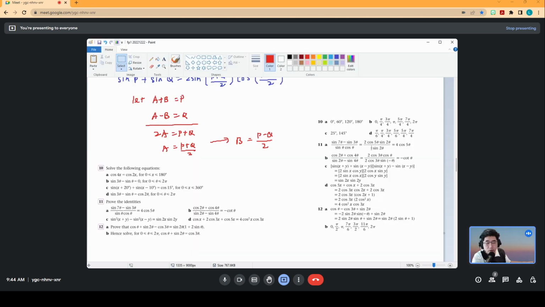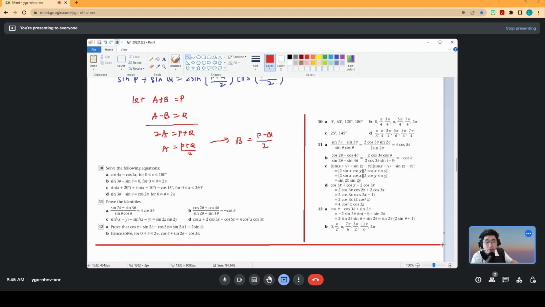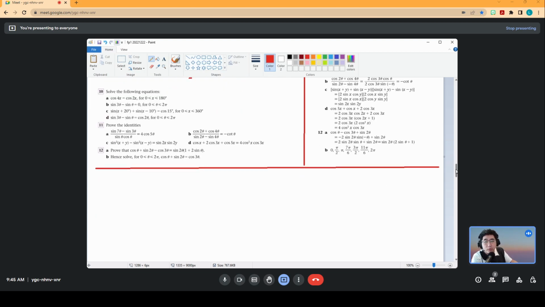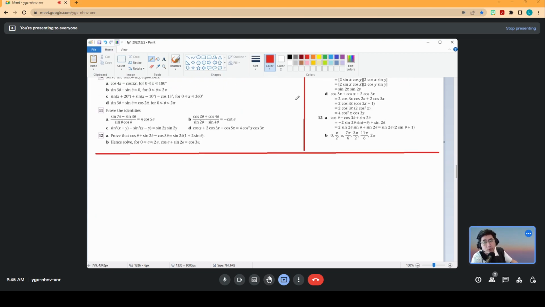Just put the answer here on the left side. So you can actually work on the formulas. At the moment, you're learning the formulas bit by bit, and you only tackle the questions formula by formula.